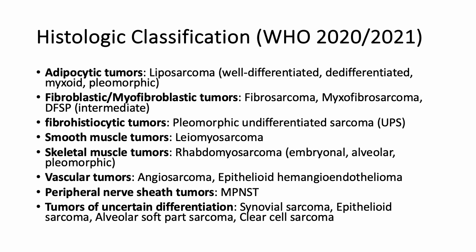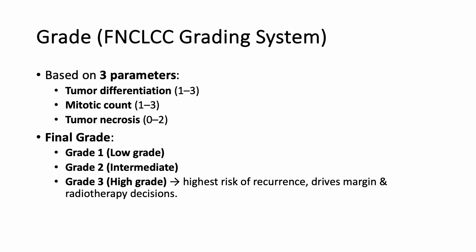There is a WHO classification according to the site of origin of the tumor. So it can be adipocytic, fibroblastic or fibrohistiocytic, smooth muscle tumor, skeletal muscle tumor, vascular tumors, peripheral nerve sheath tumors, and tumors of uncertain differentiation. The names can be seen on the screen, so I'll skip these to keep my presentation brief. There is also the FNCLCC grading system based on 3 parameters: tumor differentiation, mitotic count, and tumor necrosis.